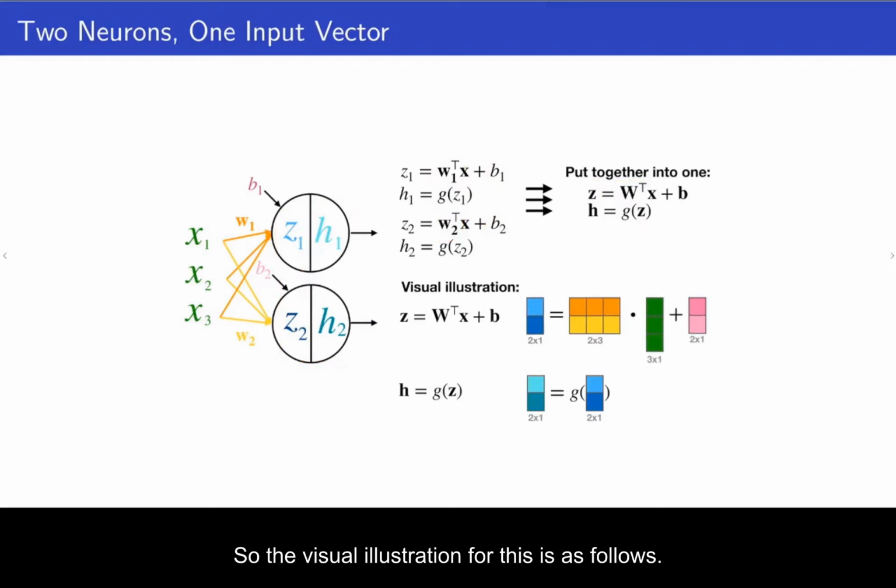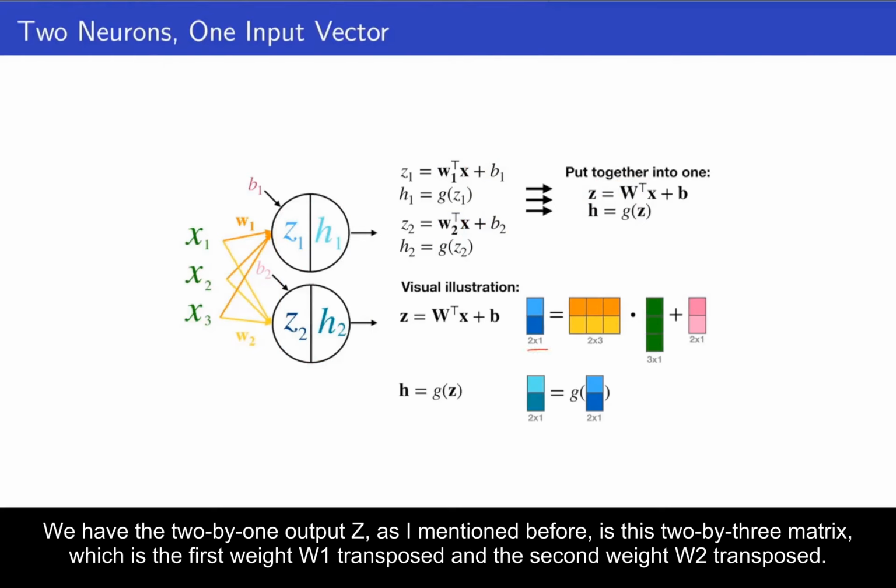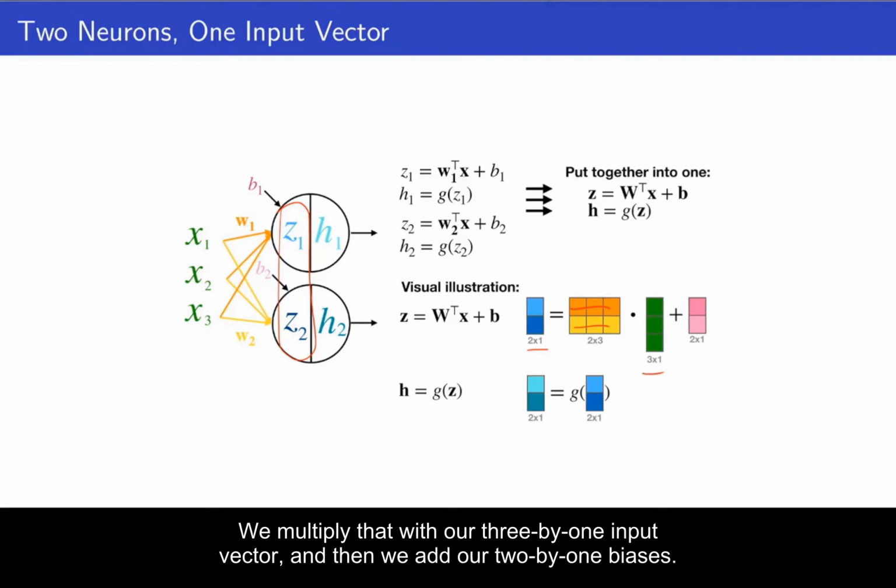So the visual illustration for this is as follows. We have the 2 by 1 output, z, which, as I mentioned before, is this 2 by 3 matrix, which is the first weight, W1 transposed, and the second weight, W2 transposed. We multiply that with our 3 by 1 input vector, and then we add our 2 by 1 biases.